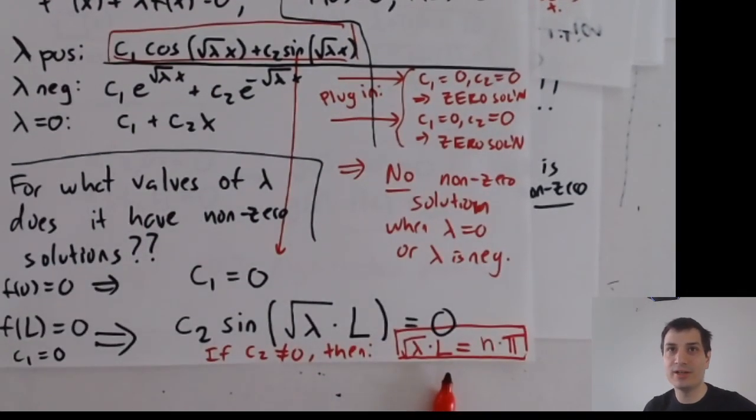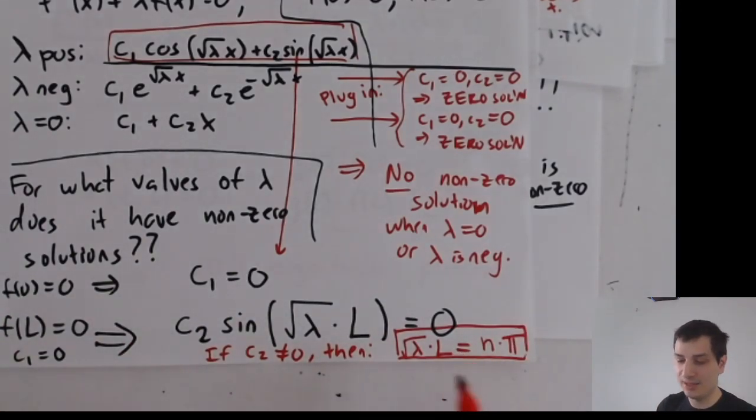So this equation here, coming from this funny sine business, is going to dictate what the values of lambda have to be. And they have to be such that the square root of lambda times L is a multiple of pi.